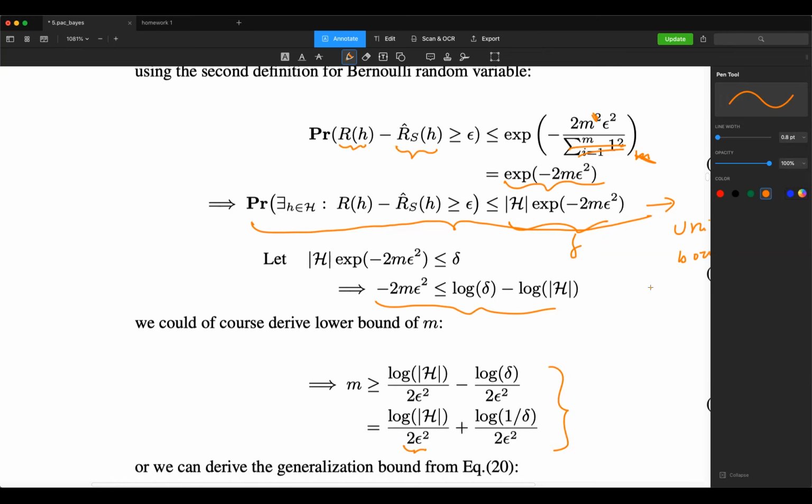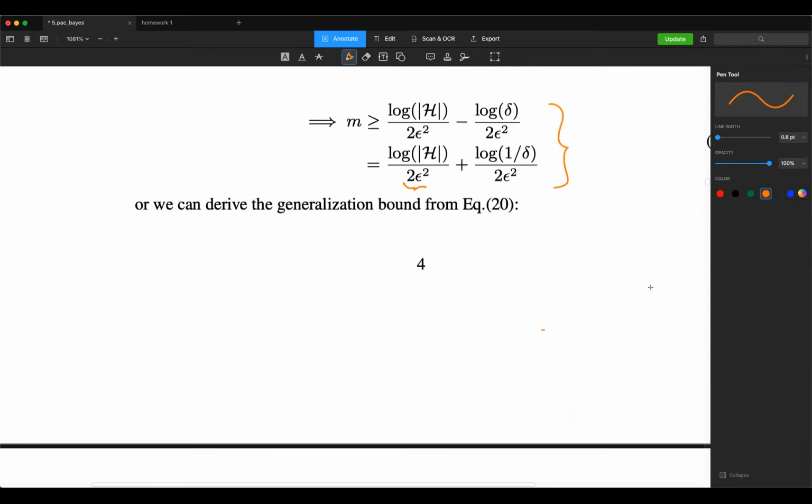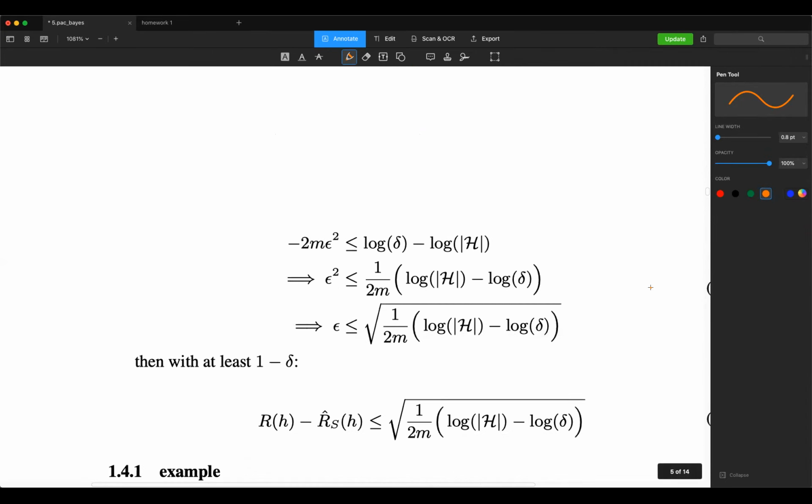A lot of these derivations use certain assumptions, and with certain assumptions you will be able to derive a much tighter bound. That's another avenue where a lot of machine learning theory people are working. All right, cool. So that's a generalization bound.